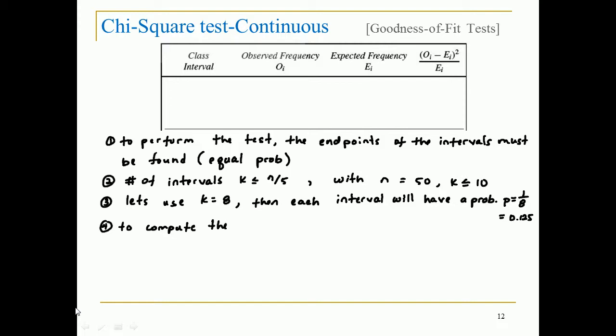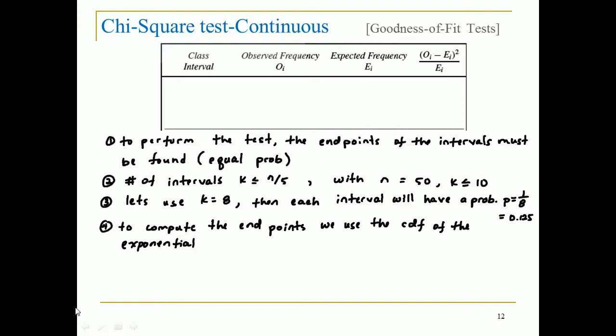So to compute the endpoints, we use the CDF of the exponential. Remember, we are trying to test our data points to see if they follow an exponential distribution. This is why we are using the exponential in this particular case.